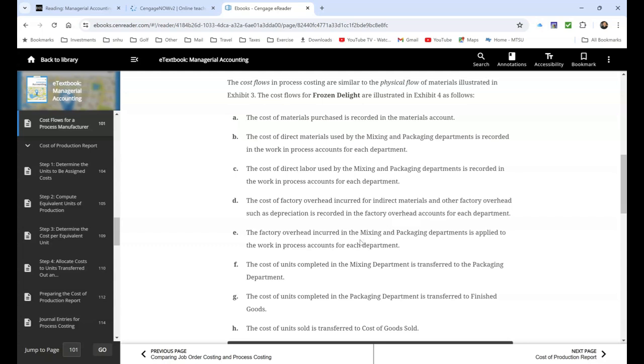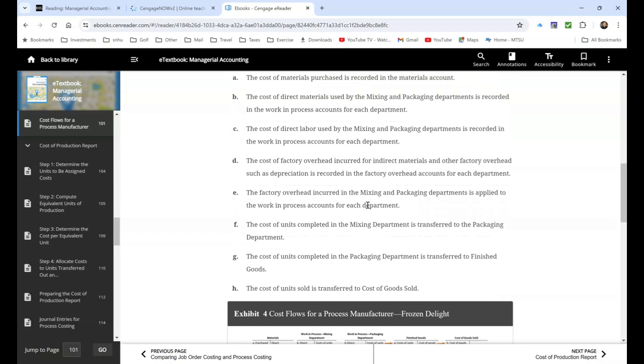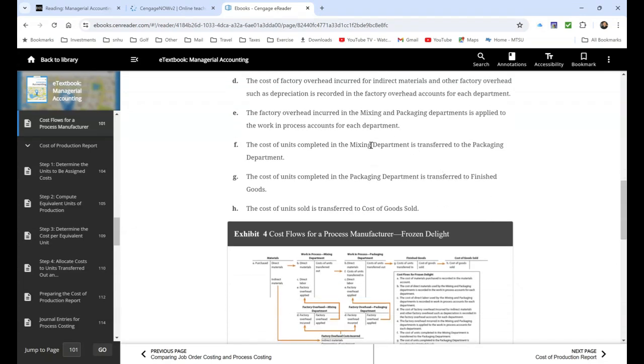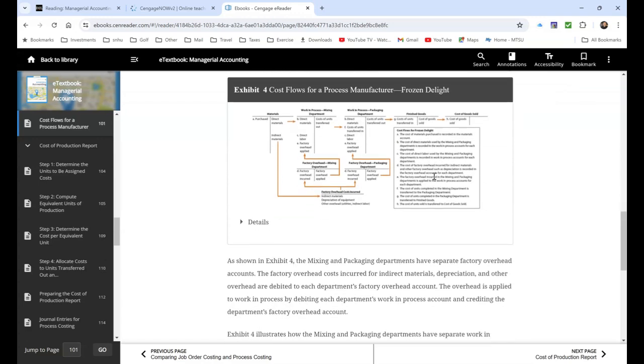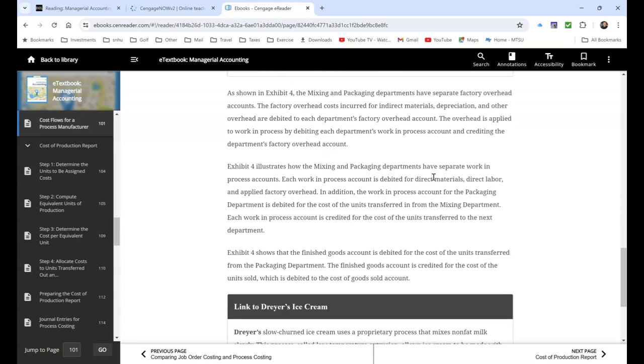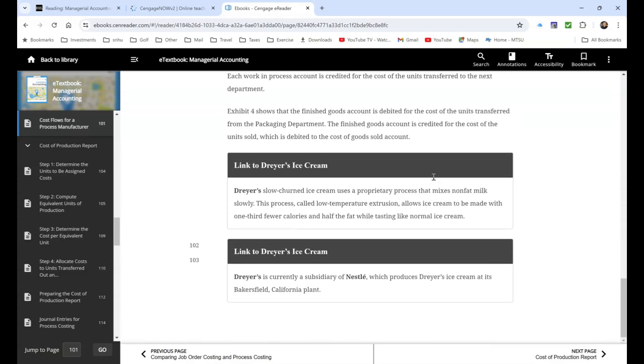Factory overhead is applied to the work in process for each department. Cost of units completed is transferred to the packaging department from the mixing department. Cost of units completed in the packaging department is transferred to finished goods. I know that sounds a little complicated, so you really need to look at the book and kind of go through this.